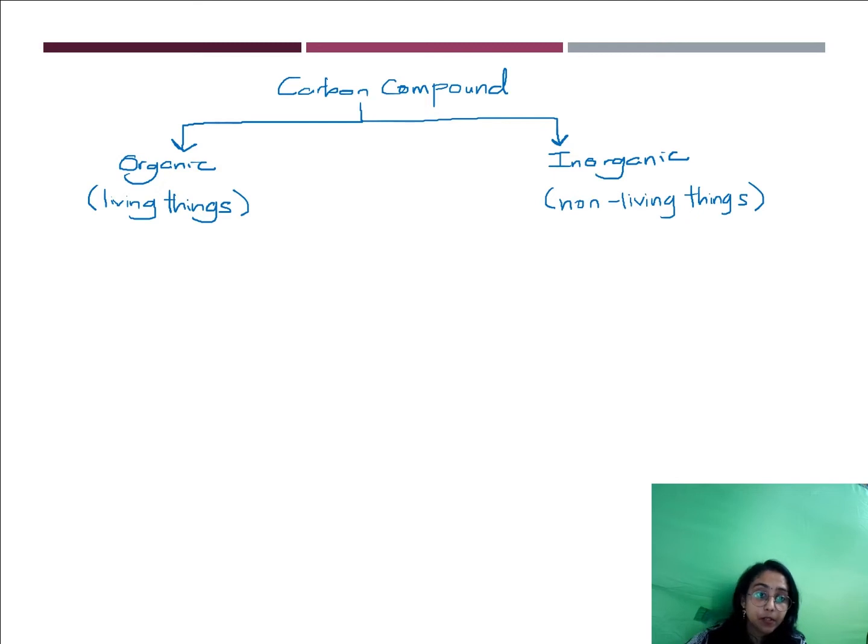Now we're going to focus on organic compounds. All organic carbon compounds can be split into two categories, which are called hydrocarbon and non-hydrocarbon.